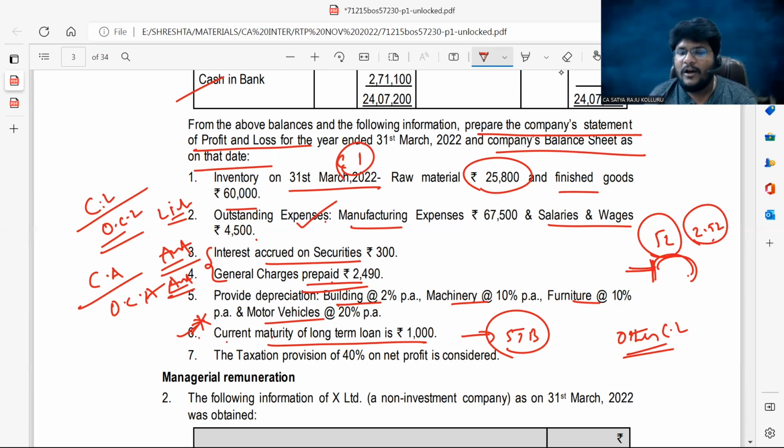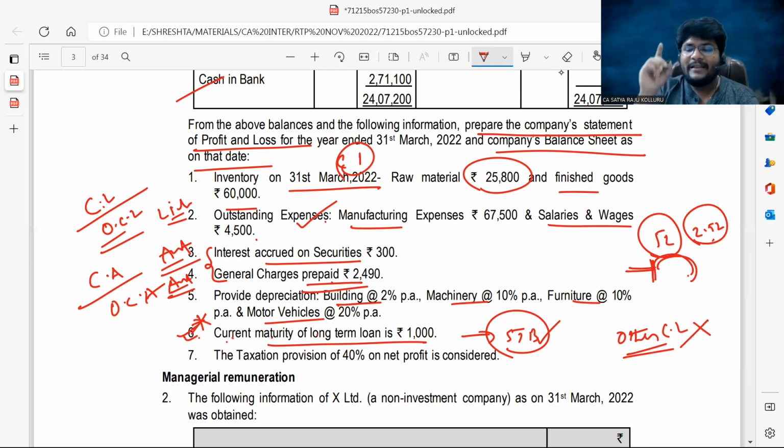Current maturity of the long-term loan means at the end of a specific accounting period, you need to check how much long-term loan amount is going to be repaid within the 12 months period. Such amount is known as current maturity of the long-term loan. As on that balance sheet date, we now need to treat it as a short-term borrowing.